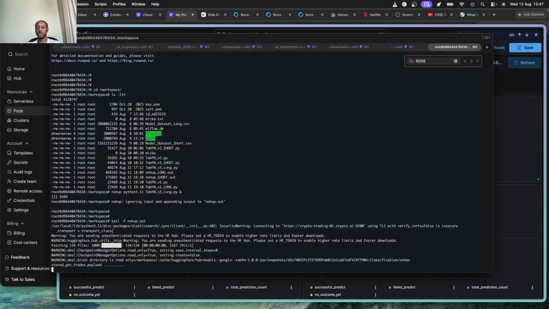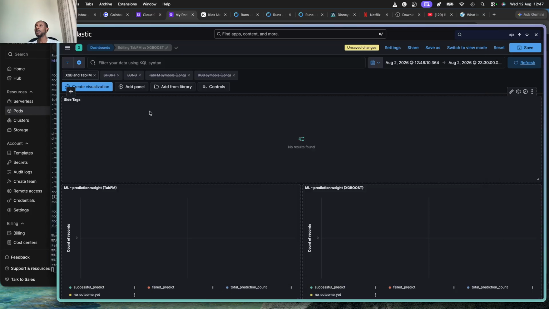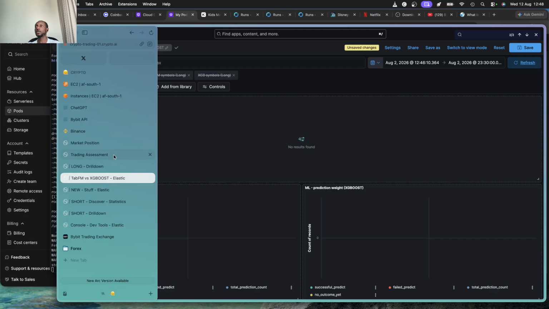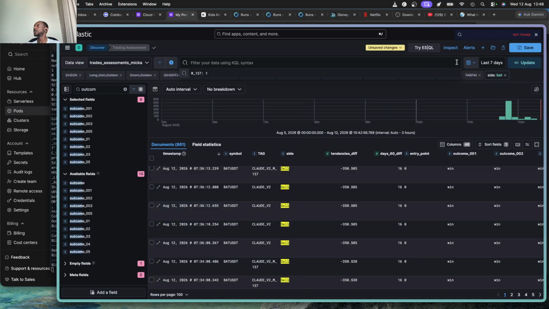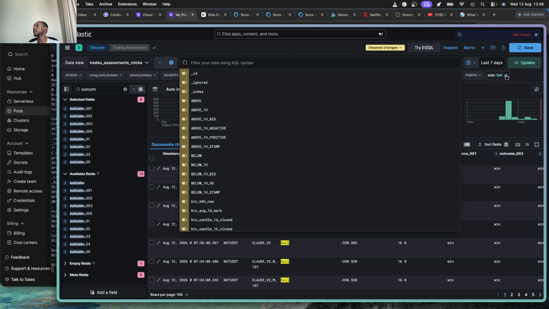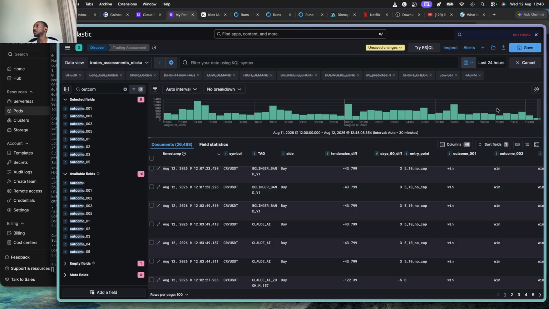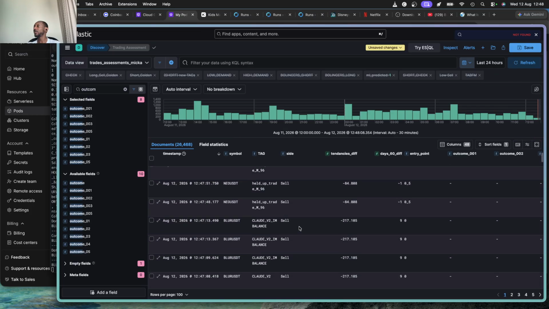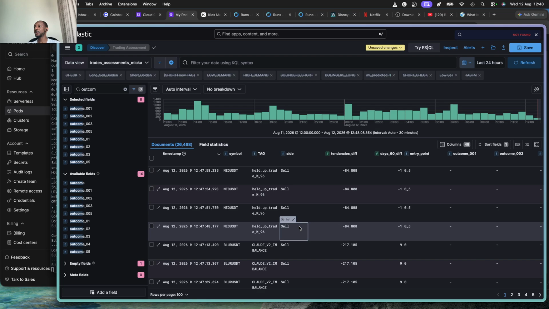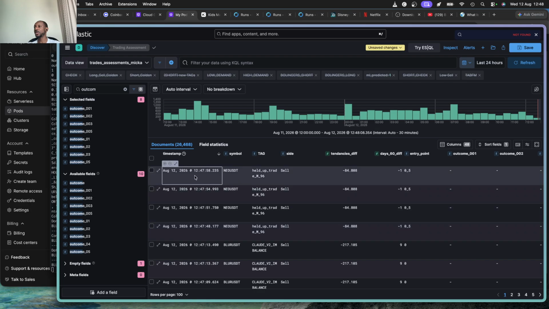So let me show you. If you go into Elasticsearch and then we do plus 24 hours, all of what you see in here are rows that represent a document, and a document represents an order. It represents a live data set to predict.